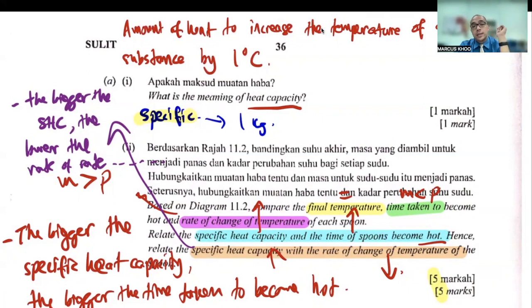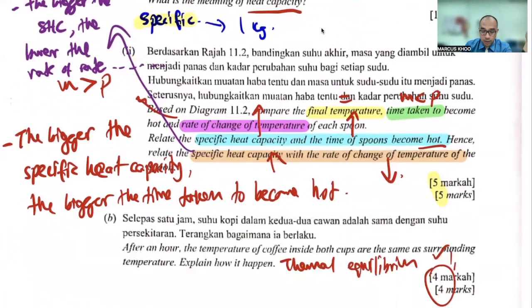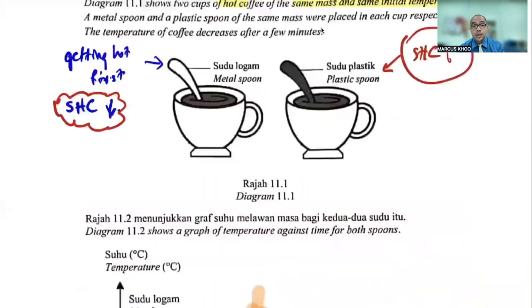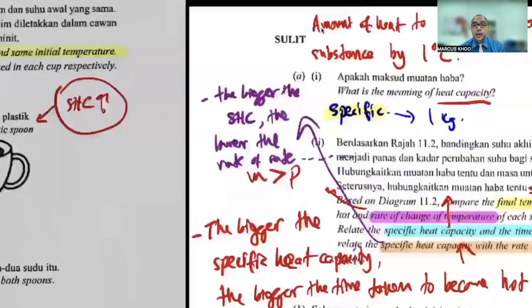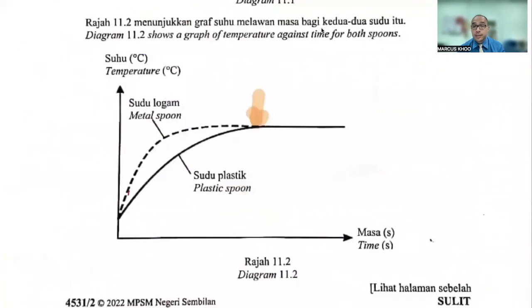Based on diagram 11.2, compare the final temperature, time taken to become hot, and rate of change of temperature, and then you have the two relations lah. So the final temperature is the same, because it reaches the same temperature at the end. Secondly, the time taken to become hot, of course, the metal takes a shorter time than the plastic one lah.